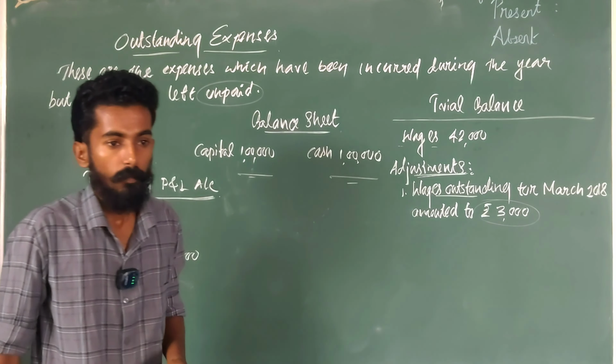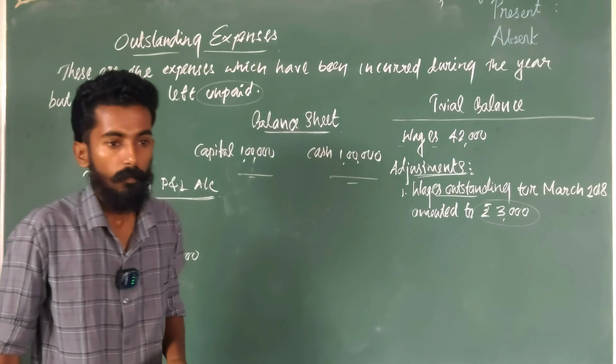All direct expenses we adjust through the trading account only. So here we can write wages, but take care of one thing: in the inner column of that trading account, don't transfer the amount directly into the outer column. In the inner column you can write 42,000.